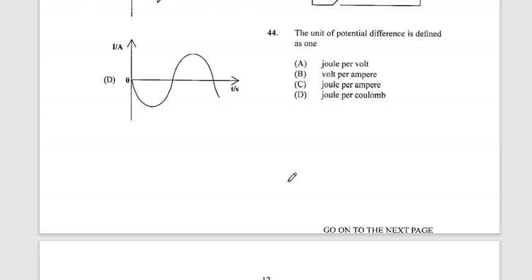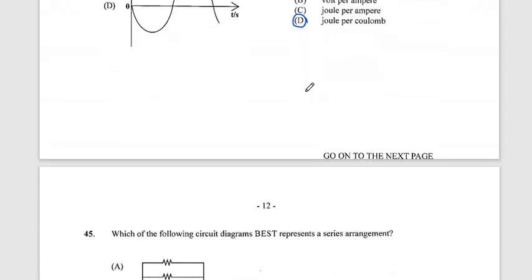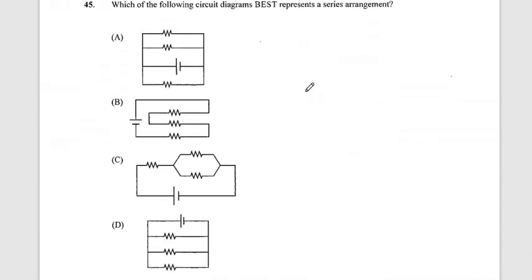The unit of potential difference is defined as joule per coulomb. D. 45. Which of the following circuit diagrams best represents a series arrangement? B.